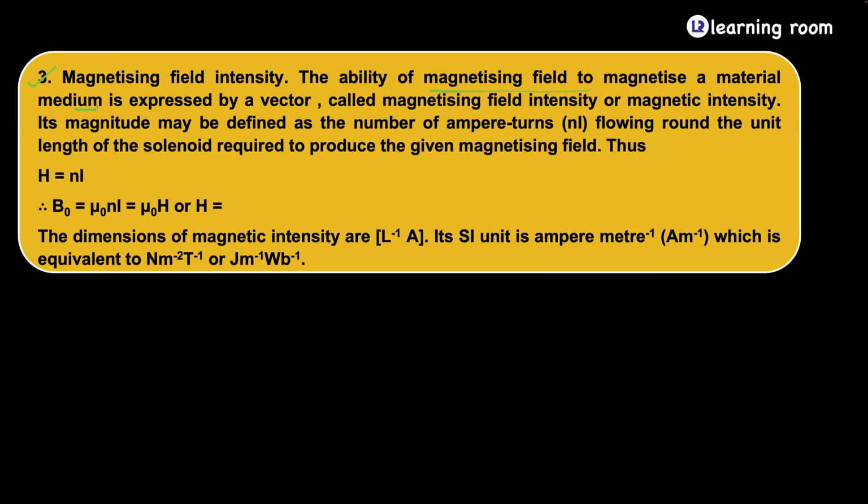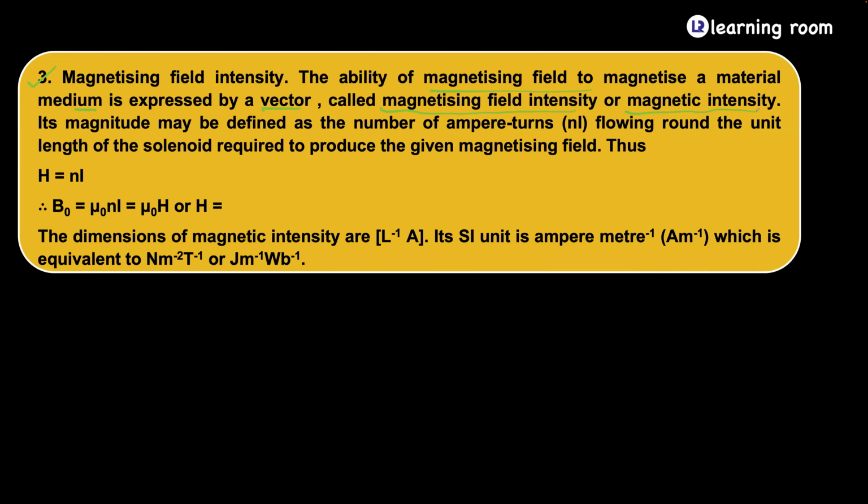Sorry, it's not intensity of magnetization. It is the magnetizing field intensity. It is expressed as a vector quantity. You need to make a note here that magnetizing field intensity and magnetic intensity both mean the same.